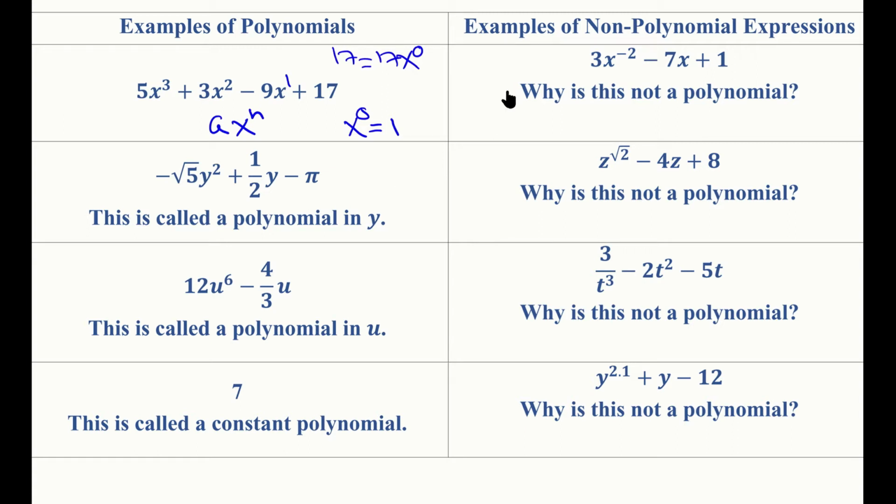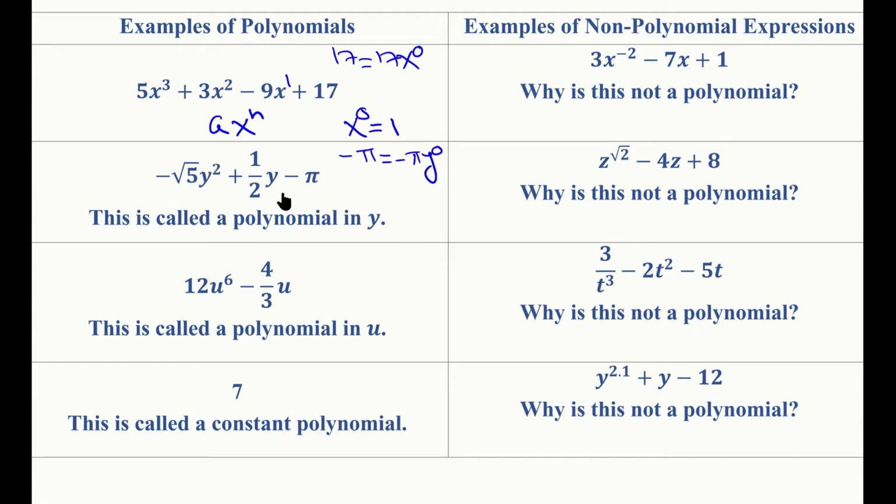And remember, again, this satisfies the form ax to the n, because we can always write negative pi as negative pi... guess it before you look. I hope you guessed y to the 0, because that's exactly what it is. All right, so we can write it as negative pi y to the 0, and so therefore that satisfies as well.